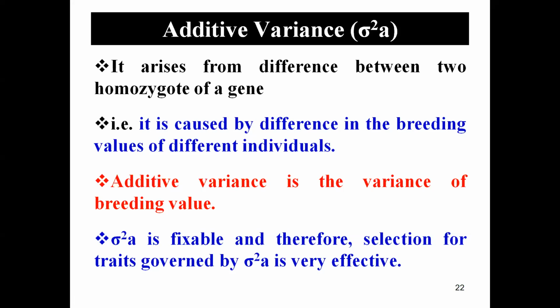The variance which occurs due to their difference gives additive variance. It is called the difference in breeding values. In simple terms, additive variance is the variance of breeding values. This is fixable, and therefore selection for traits governed by additive variance is very effective.